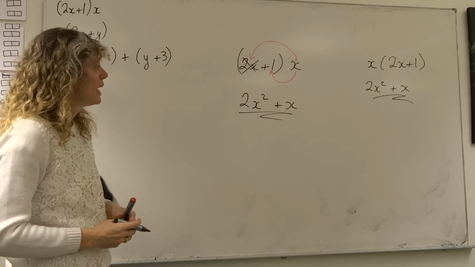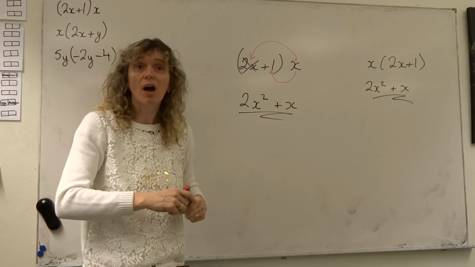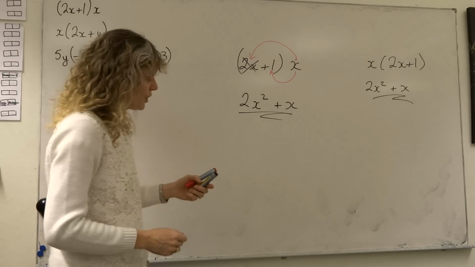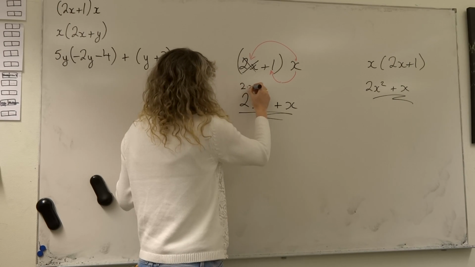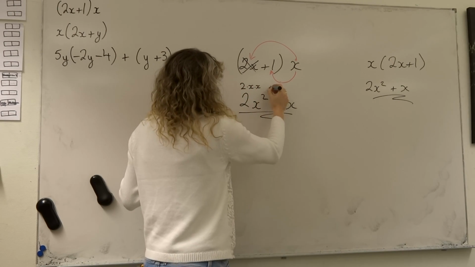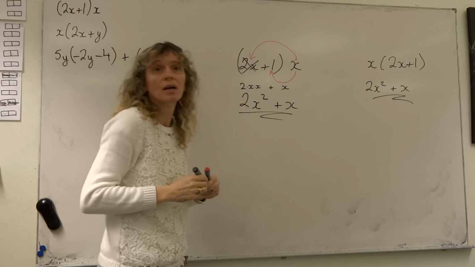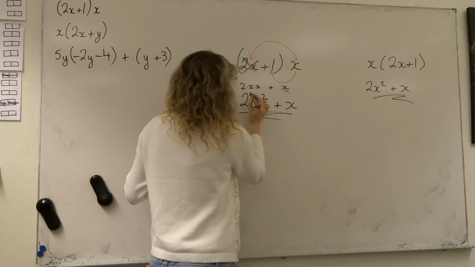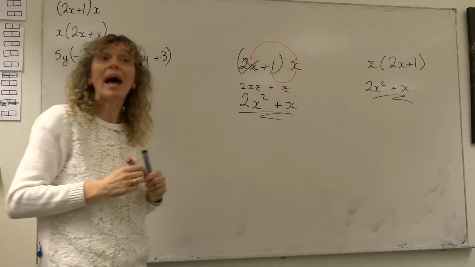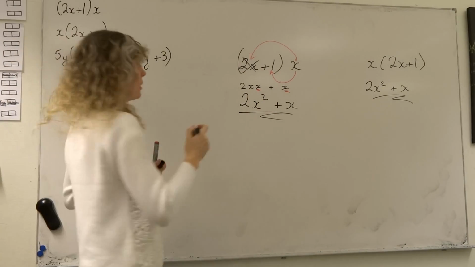If I was going to then factorize this, I would have to look and say, okay, what have I got in my terms? In this term I have 2 times x plus an x here. So what is common in both of these terms? Well, here's an x and here's an x. So that's what has to go outside the front.